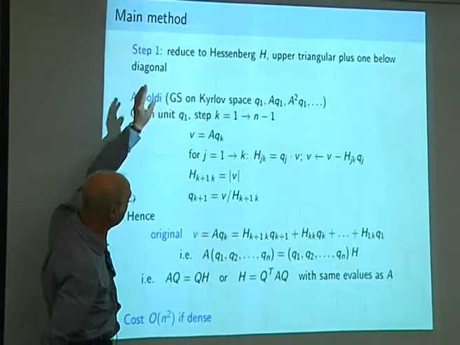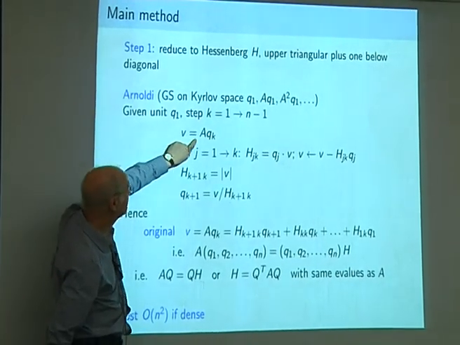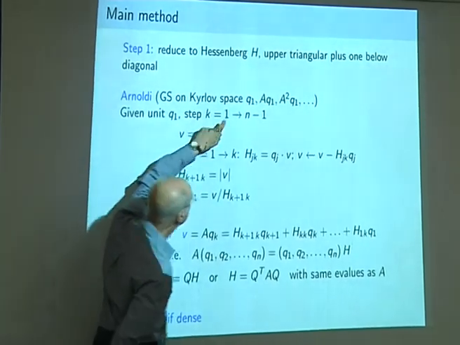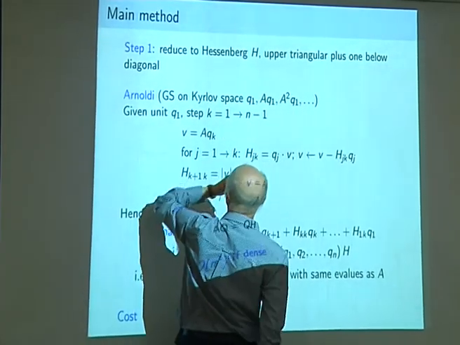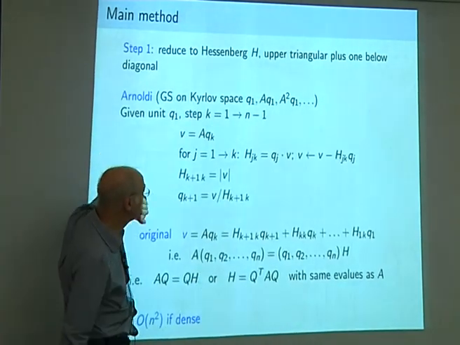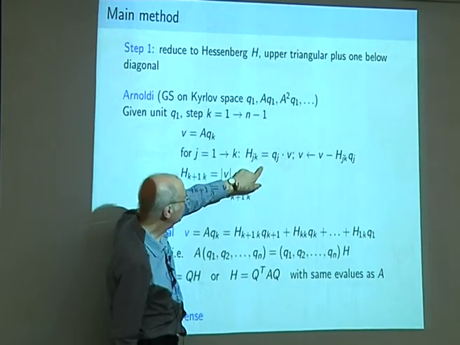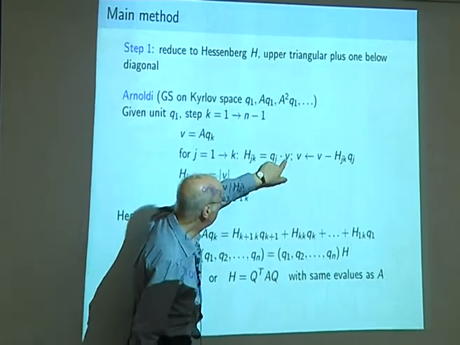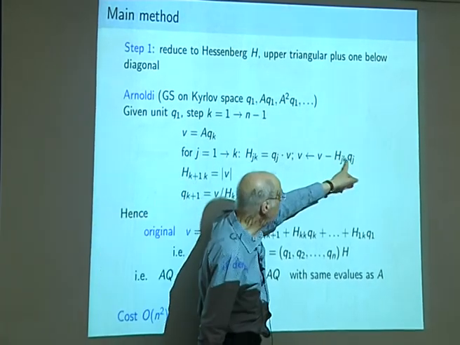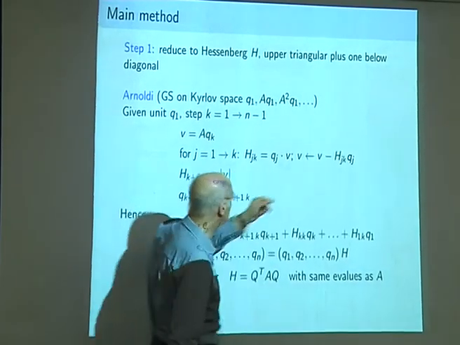There's a sequence of steps where, at the kth step, you take A times the kth Q and apply yet another A to it, and then you go down all preceding terms, finding the components in the direction of the previous Q's that you've got, and then you project out from this V all the previous components.